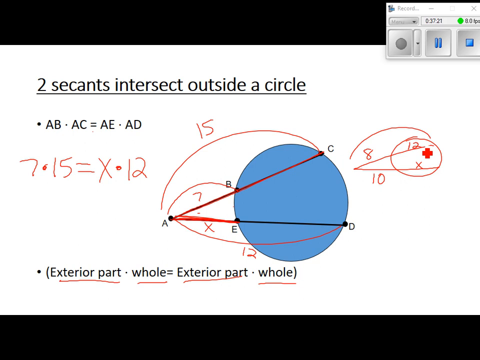When you do this, you've got to make sure it's 8 times the whole thing, which is 20, equals the outside part, which is 10, times, here's where it gets hard, that whole thing is 10 plus x. So you'd have to put parentheses there and then work it out that way.